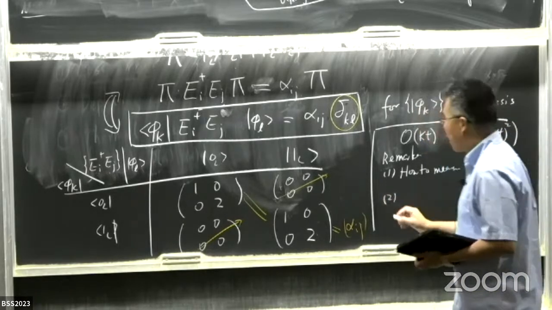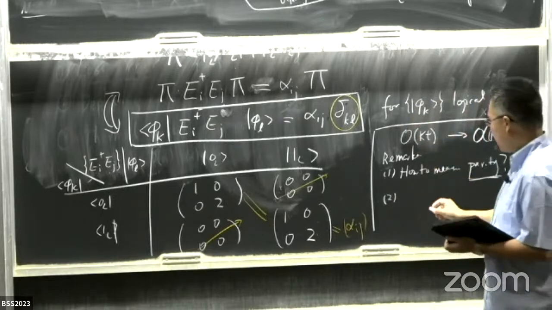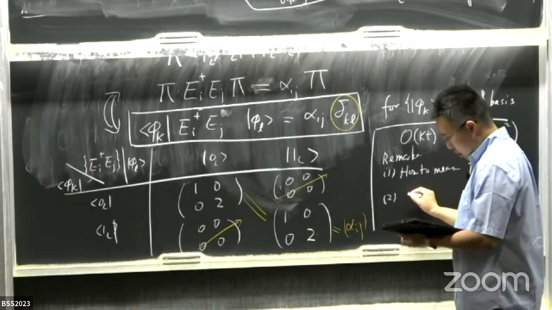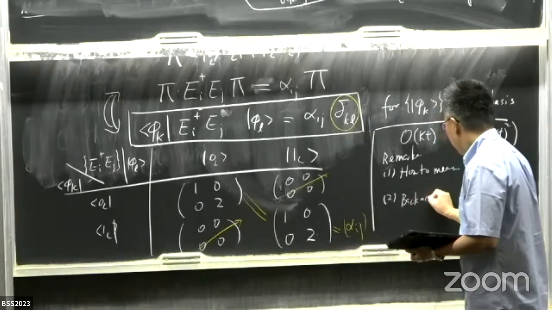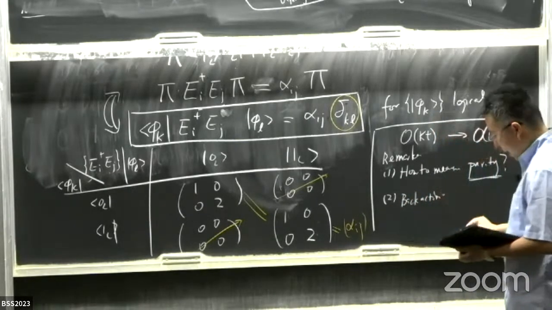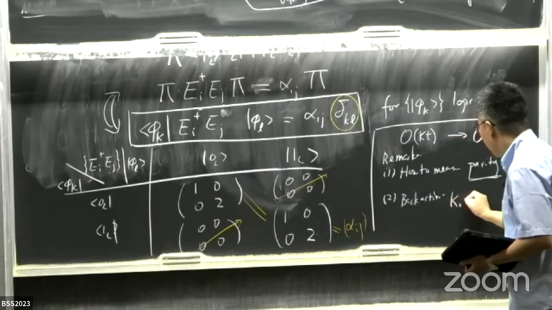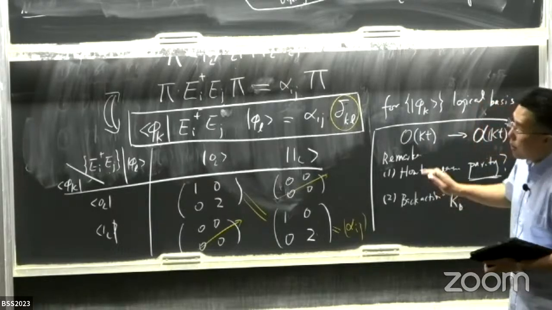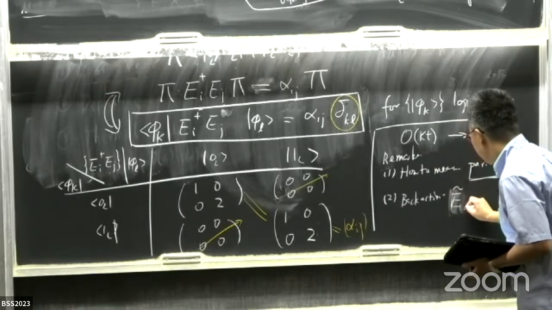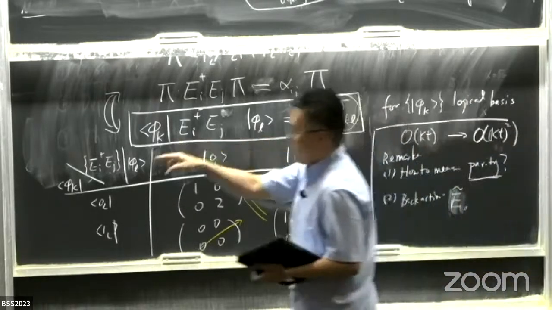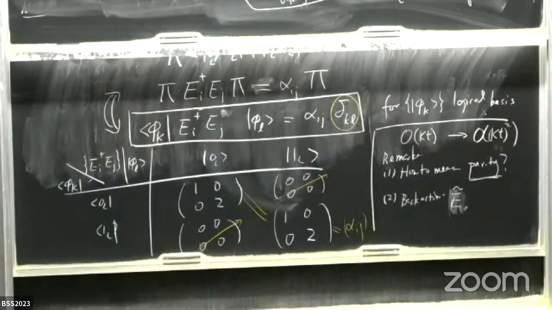Now the second comment is related to the realistic error of this back action. The back action is present even for the no photon loss case. Let me write it as E tilde 0, which is associated with the cross operator that I've written here.